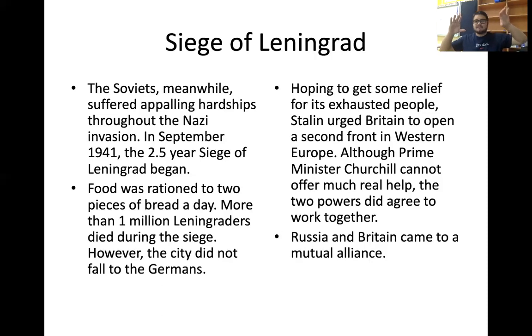On the east, all of the German soldiers are over here, and there's no one over here. Well, if you open up a second front, a western front, you're going to have to split, right? Because Germany's right in the middle of Europe. You're going to have to split your forces to fight on the two sides. And that's what Russia and Britain are going to come to, a kind of mutual alliance, to say, hey, we can't really do it now, but we'll try to do something else, right?